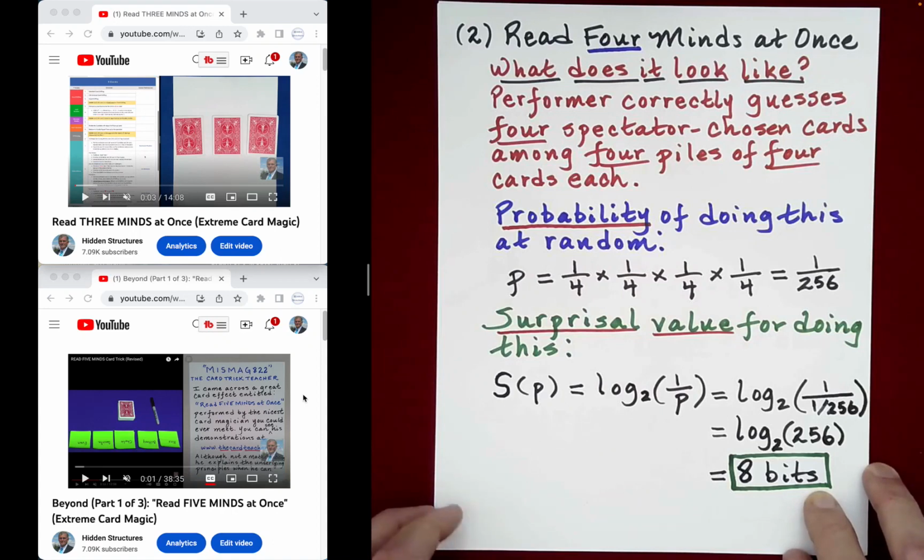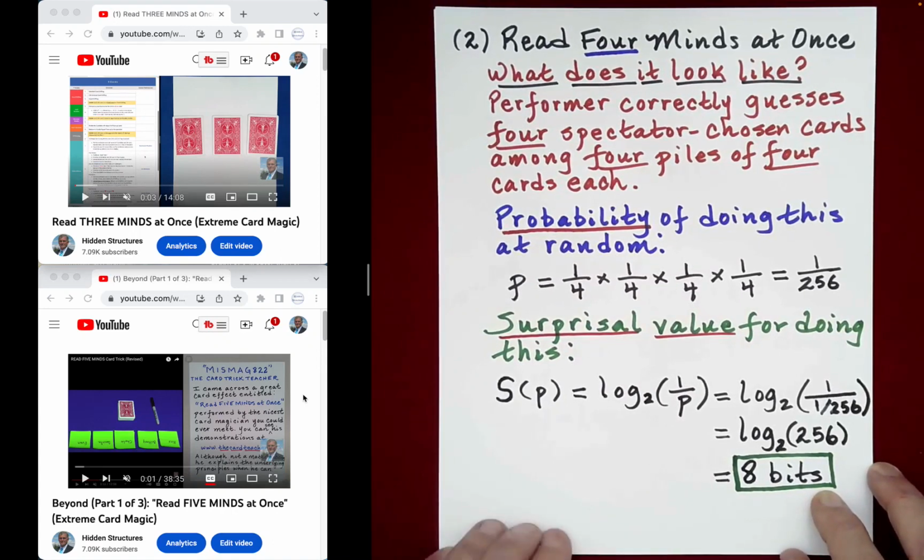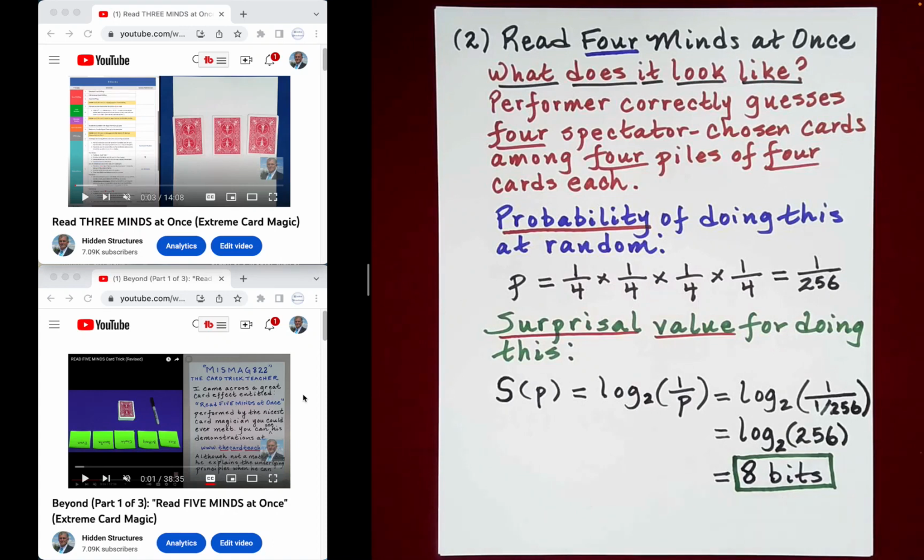We interpret it in terms of ordinary coin tosses. So imagine having 8 fair coins, tossing them high up into the air, while in the air you say all of the coins are going to land heads up. And they do.